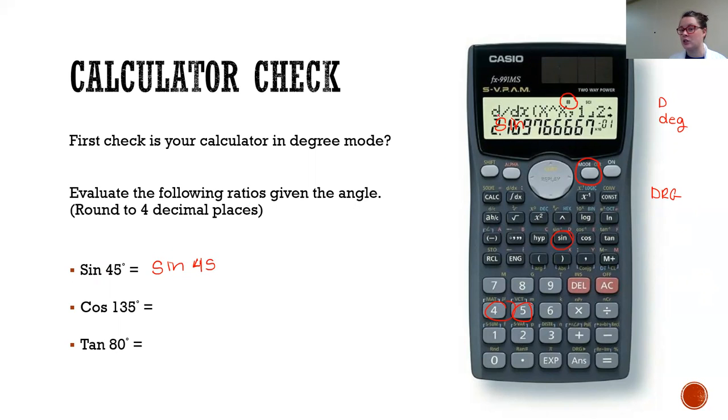If your calculator does not have 2 lines for a display, you will do 45 and then press sine. So there's two options.